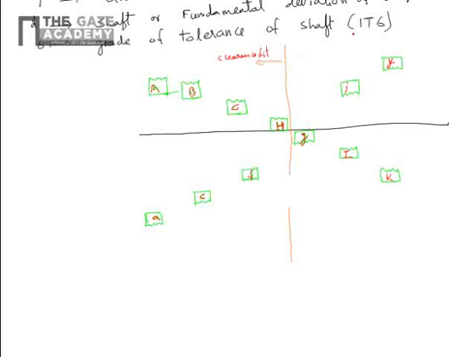Transition is a combination of both, and this one is interference fit. So whenever you take H7 d6, d is less than g, so it is clearance fit.